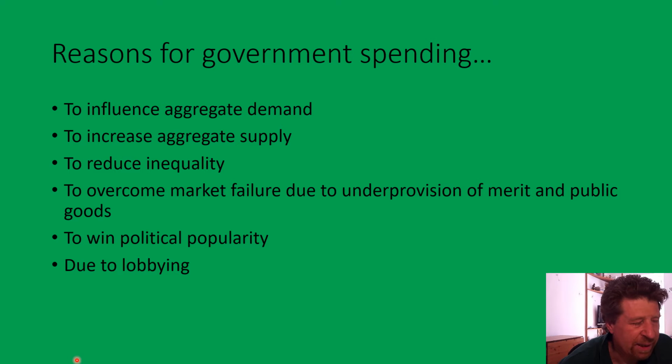Reasons for government spending. So the one reason could be to influence aggregate demand. That would be, of course, fiscal policy. So if they want aggregate demand to increase the economic activity and possible jobs, they could spend a lot of money. Obviously that depends if the economy is on the full capacity or not, or if it's on full capacity, they want to slow inflation, they can reduce aggregate demand by reducing spending.